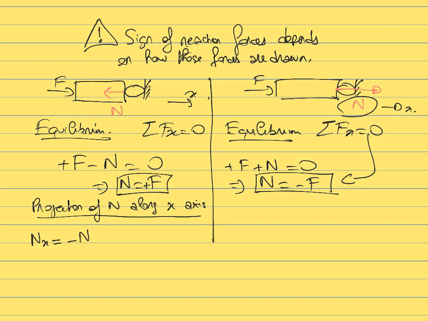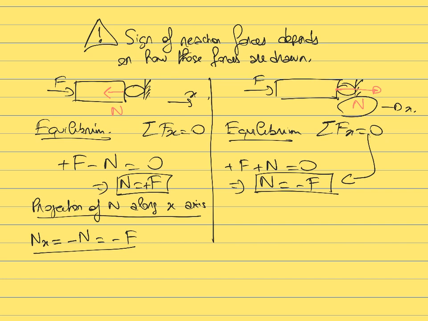And since n is equal to plus F, its projection is minus F. So the projection of n along the x-axis is negative. This force is opposing F, which has a positive projection on the x-axis.